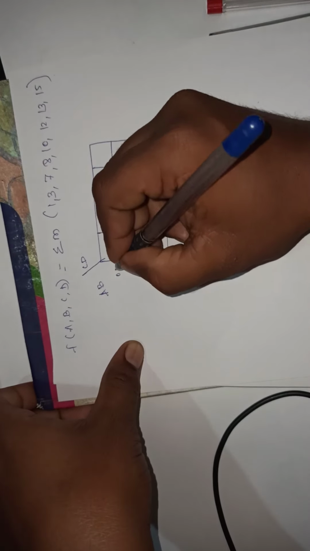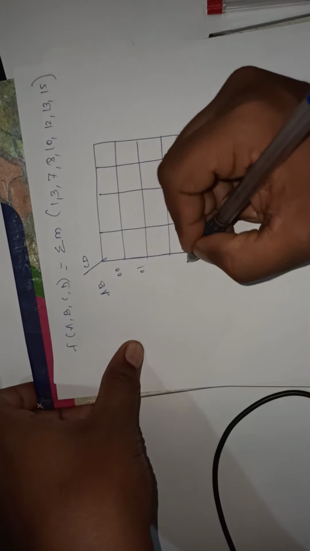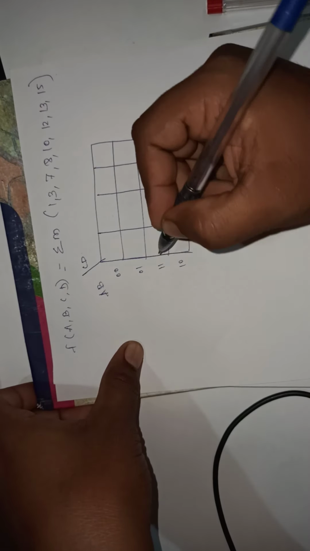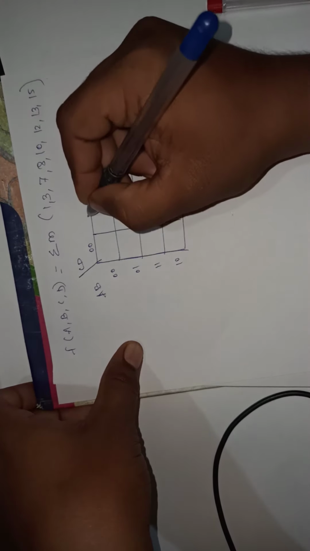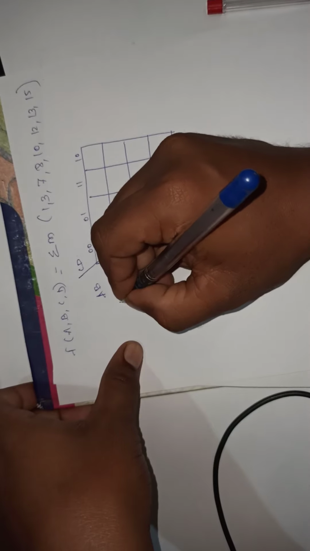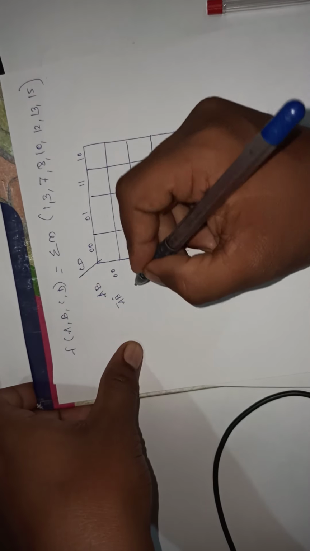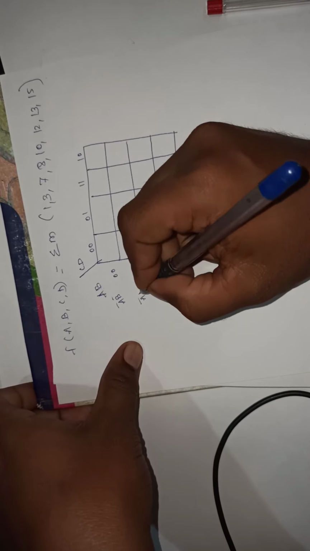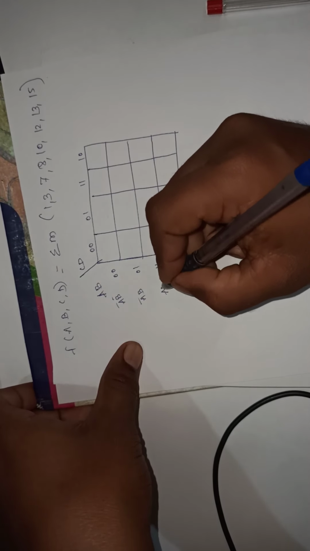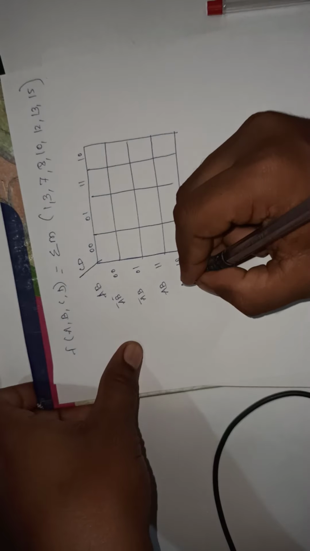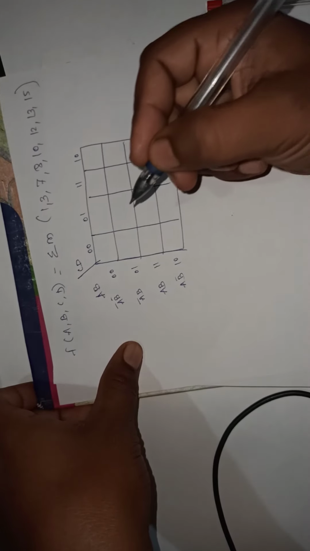Here we put 00, 01, 11, 10, and 00, 01, 11, 10. Here 00 is A bar B bar, then A bar B, A B, A B bar.